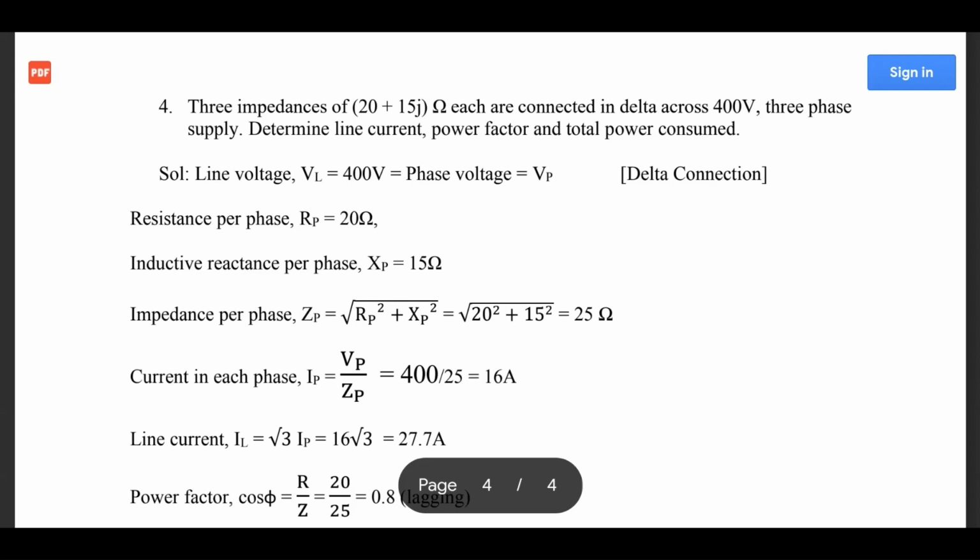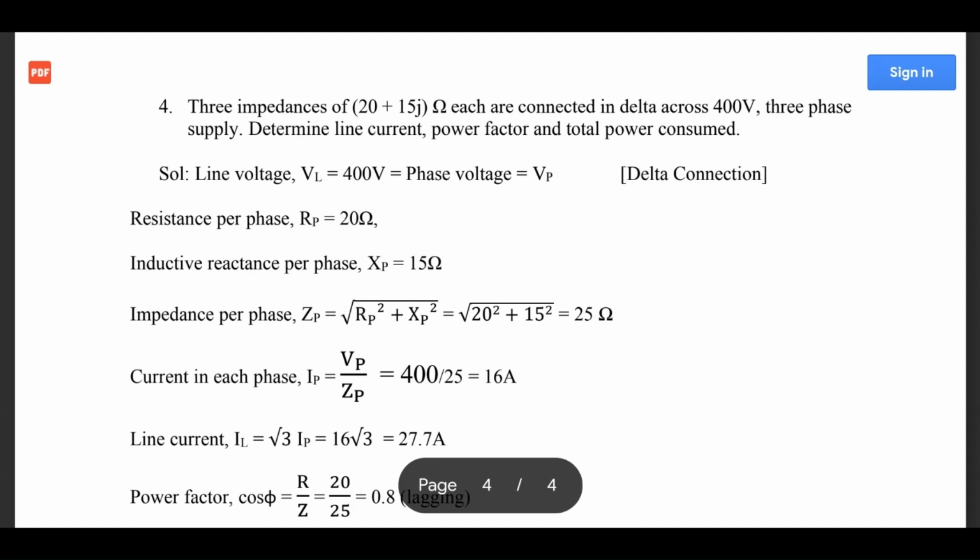So in the impedance triangle, Z is the hypotenuse, the perpendicular is reactance, and resistance is the base. So using the Pythagoras theorem, we can calculate the value of impedance per phase Zp as under root of Rp square plus Xp square, which comes out to be 25 ohms.